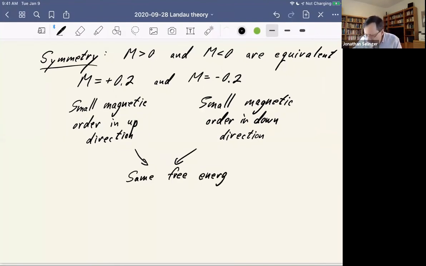Likewise, m equals positive 0.3 and negative 0.3 should have the same free energy. Okay? So mathematically, that means that f of m must be an even function of m.